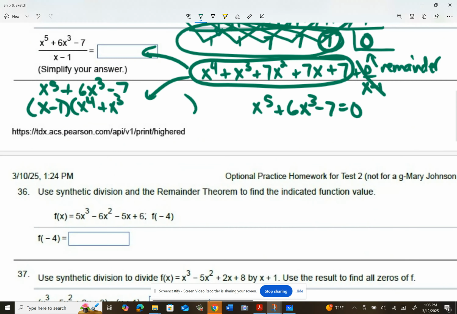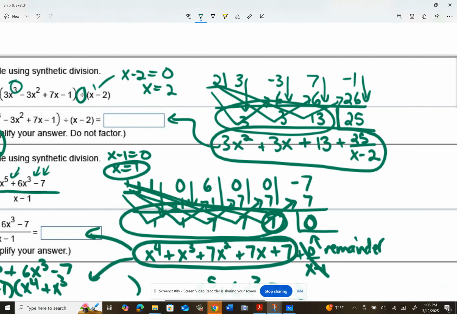So let me back up a minute. So this right here is actually the value of the function at 2. And because the value of the function at 2 was not 0, that meant 2 was not an x-intercept.